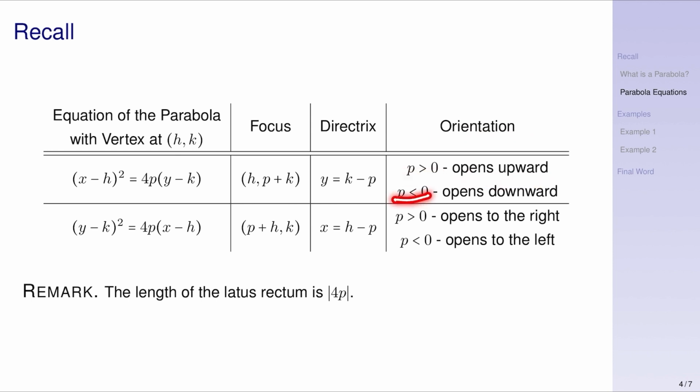If it is negative, it opens downward. For the horizontal parabola, if it is positive, it opens to the right. If it is negative, it opens to the left. So take note of that one. And lastly, take note as well that the length of the latus rectum is the absolute value of 4p. As you can see, the p in the equation plays a huge role, so don't forget that. With that out of the way, let us now deal with the examples.